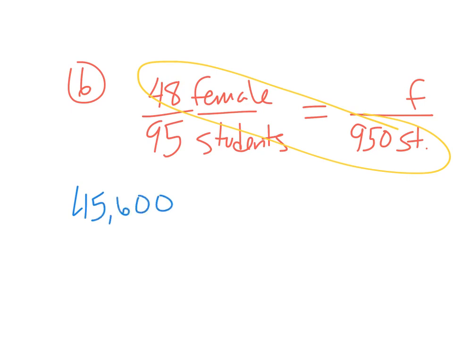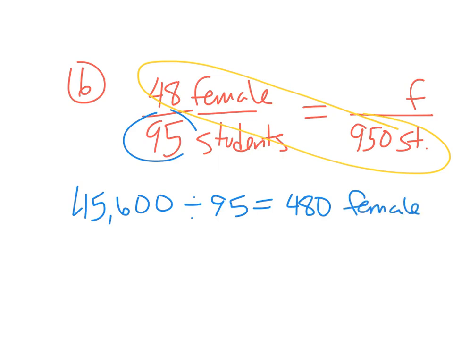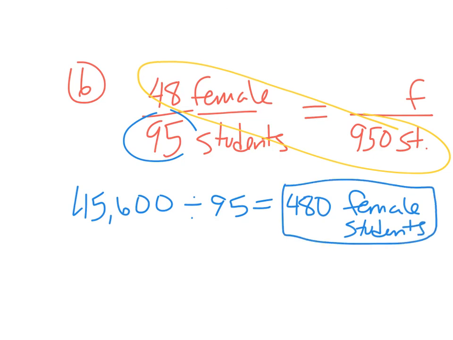Good. And then we're dividing it by what? 95. Good. So what'd you get? 480. 480 what? Female students. That's important. So x equals 480. F equals, but the variable really doesn't matter.